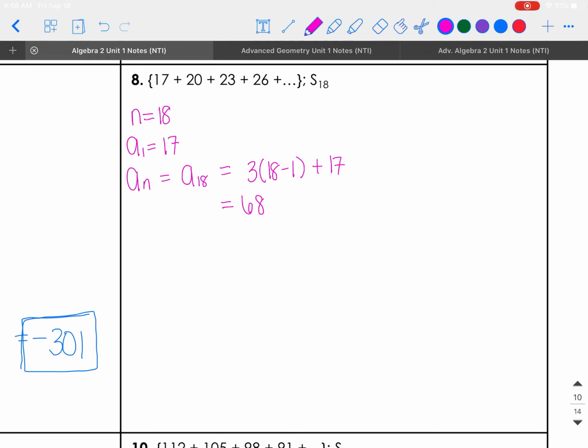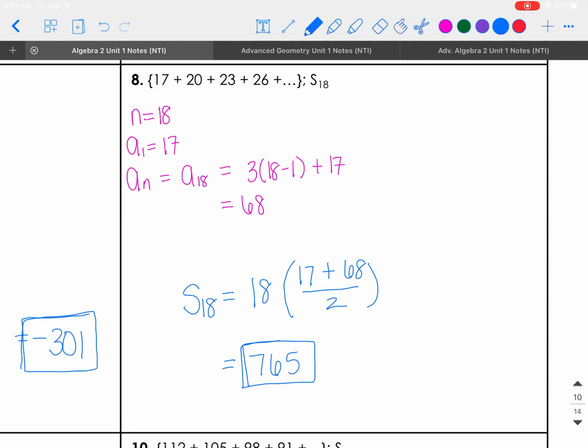And we get 68, so that means that the 18th number in that list is 68. And you get 765.